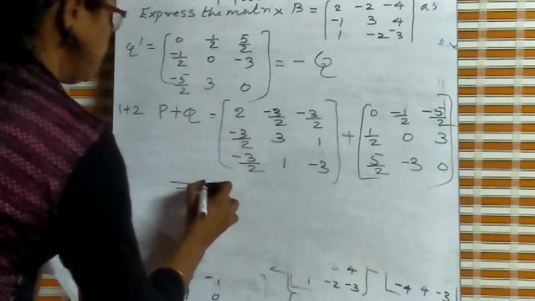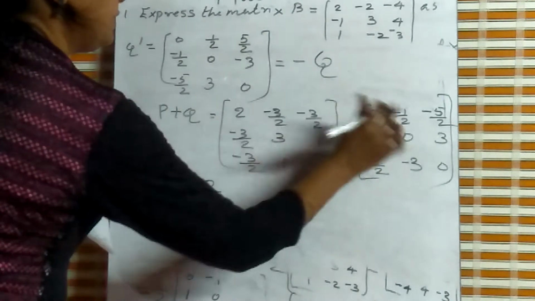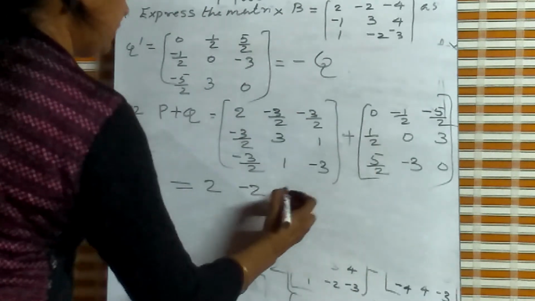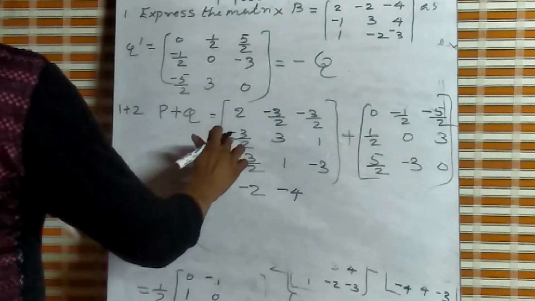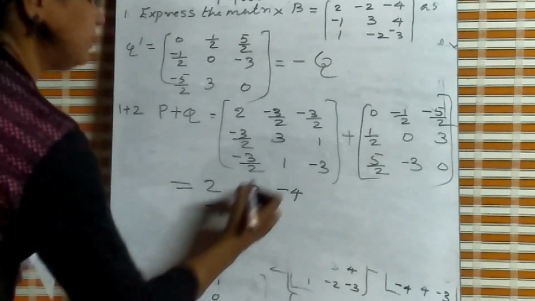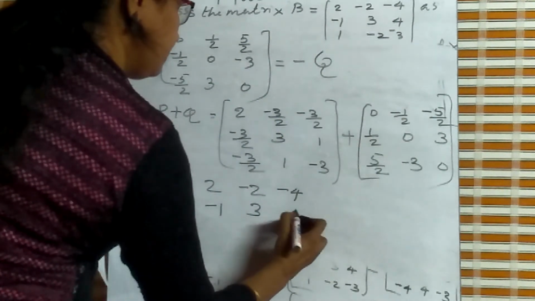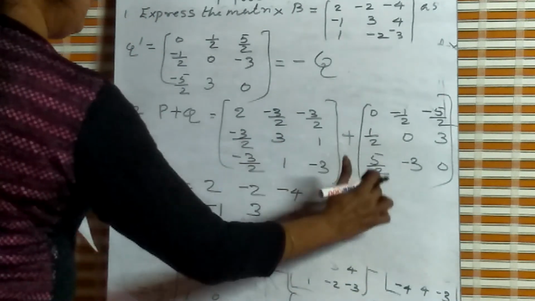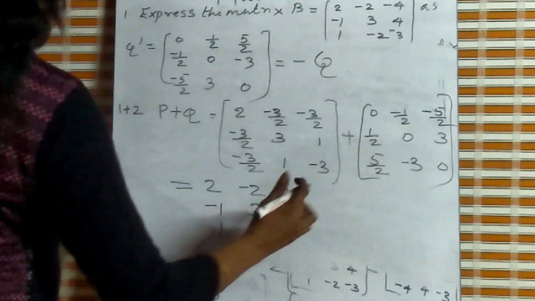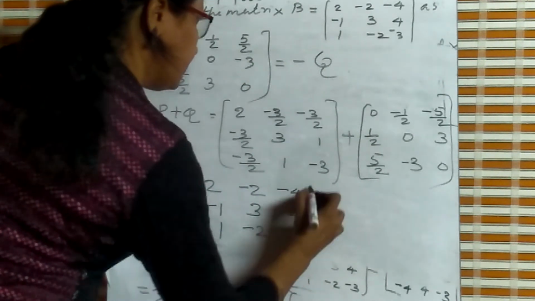That gives 2 plus 0 is 2, minus 3/2 plus minus 1/2 is minus 4/2, minus 2, minus 3/2 plus minus 5/2 is minus 8/2, minus 4, minus 3/2 plus 1/2 is minus 1, 3 plus 0 is 3, 1 plus 3 is 4, minus 3/2 plus 5/2 is 1, 1 plus minus 3 is minus 2, and minus 3 plus 0 is minus 3.